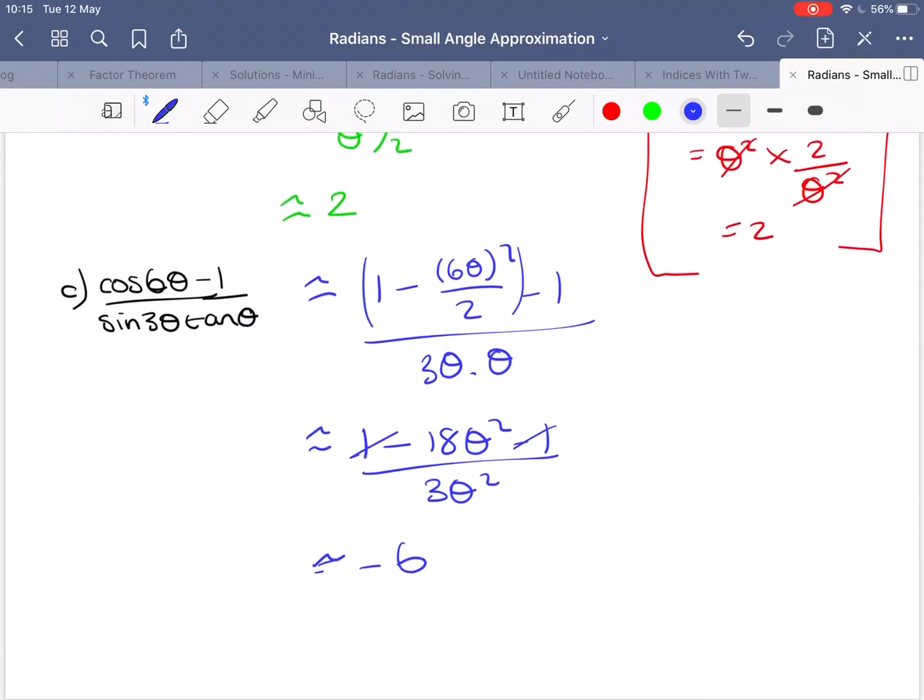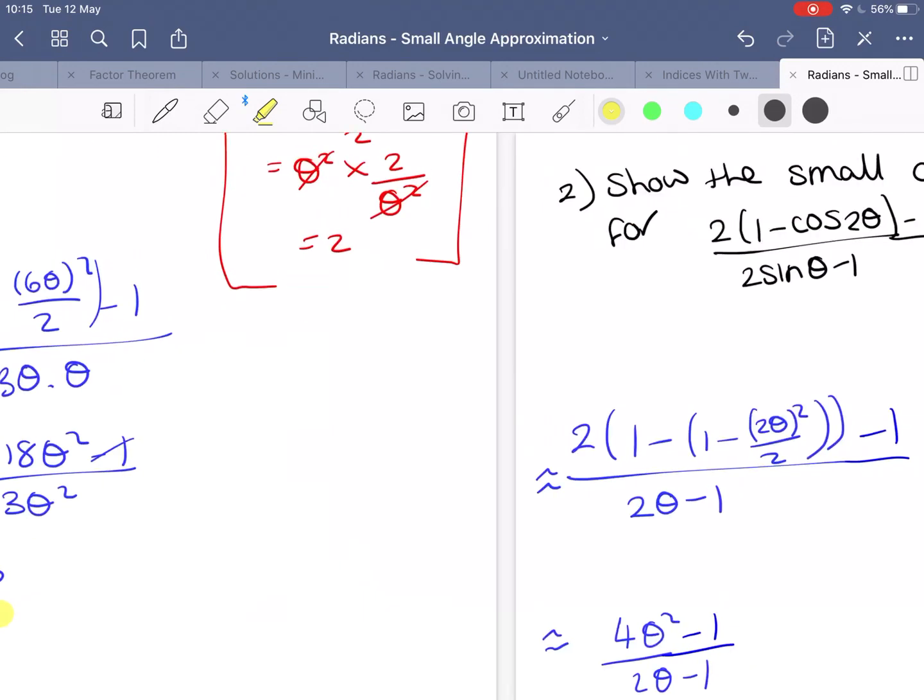And the final one, cos 6 theta minus 1 over sine 3 theta tan theta, hopefully you had was approximately minus 6. And again, test it out. Put a small value into this equation here, and hopefully you should get an answer that is pretty close to minus 6. And if you don't, go check your work.